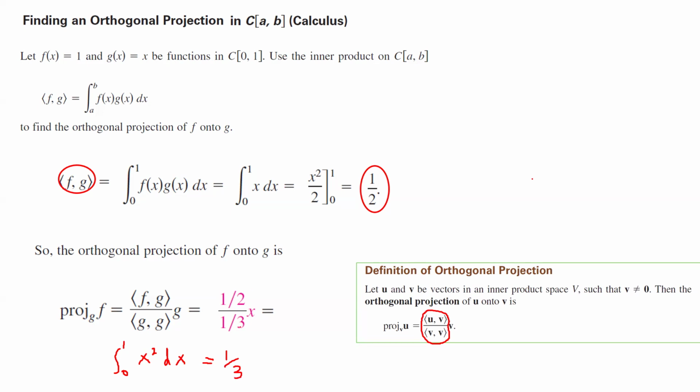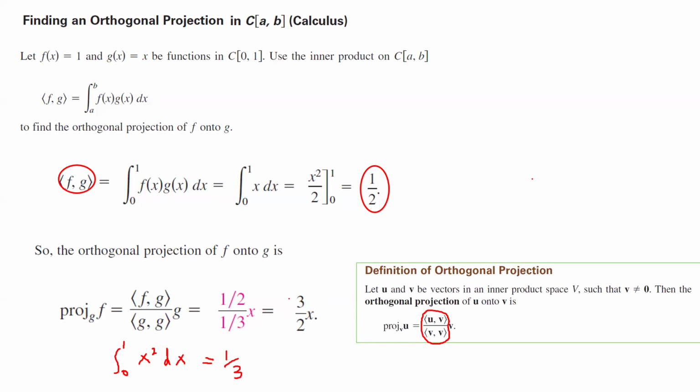A half divided by a third times x. x is your function g, or vector v, which gives you 3/2 x. So the orthogonal projection of the constant function 1 onto the linear function x is the linear function 3/2 x.